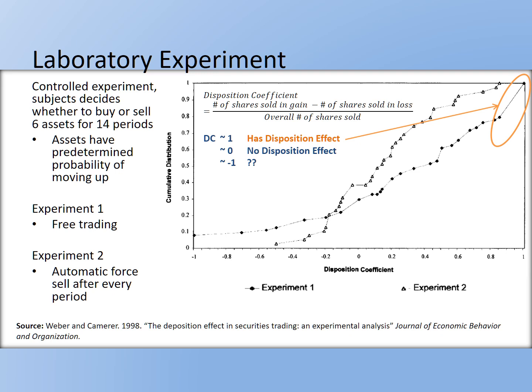About 75% up to 1, so that's about 25% of people, right? There's a lot of people who show a really strong tendency to just sell at a gain, right? So you can see that for these people, 80% of the transactions are sold at a gain.